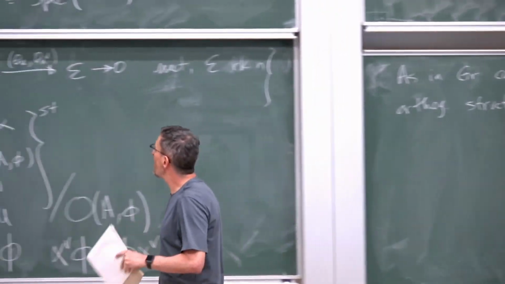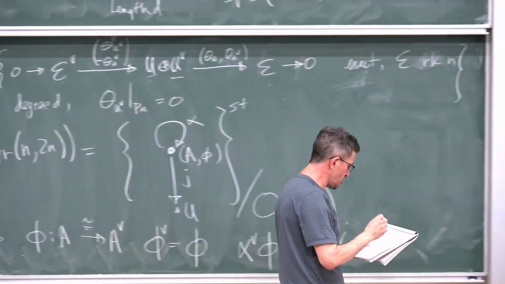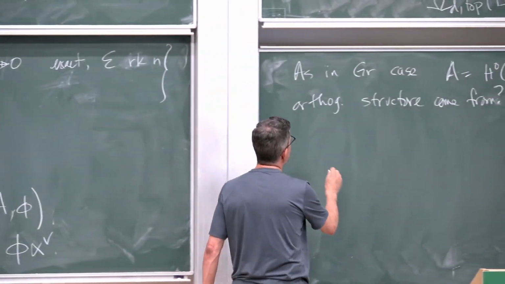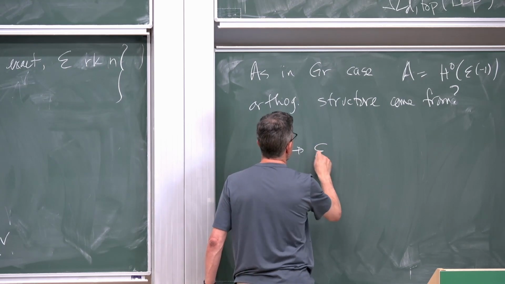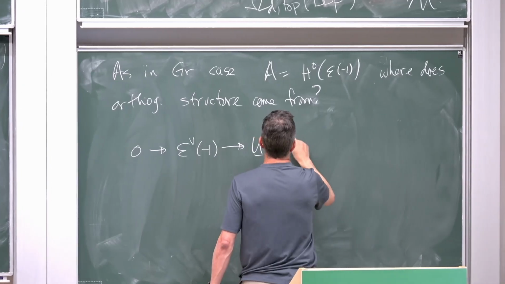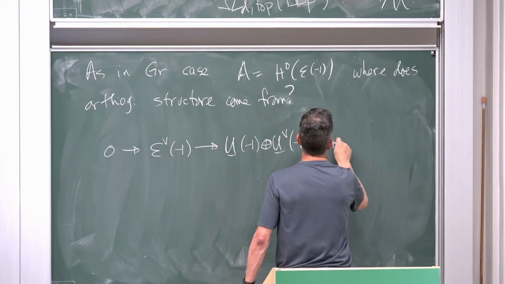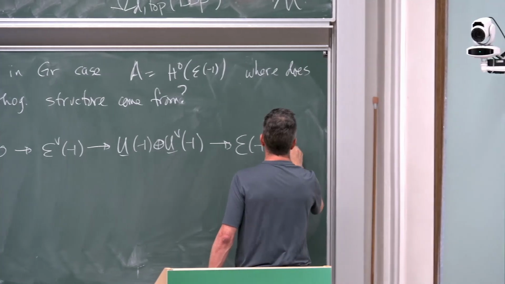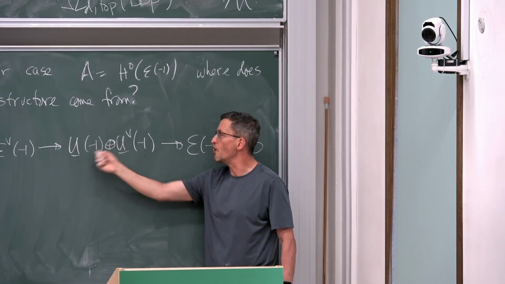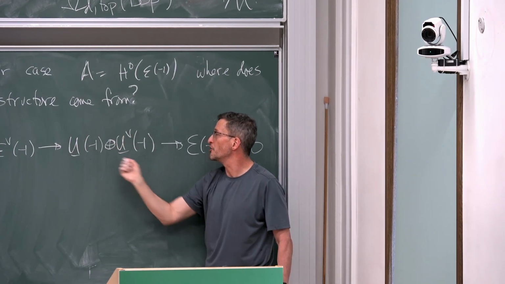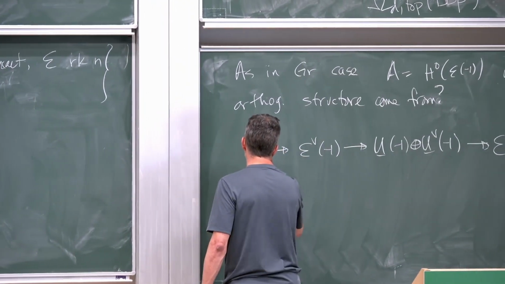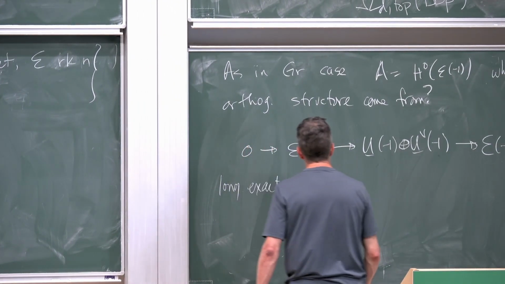Well, if I take this exact sequence and I tensor it by minus 1, of course this is just a whole bunch of copies of O minus 1 summed together. So this is a bundle on P1 that has no cohomology. So if I look at the long exact sequence in cohomology, what do we get?